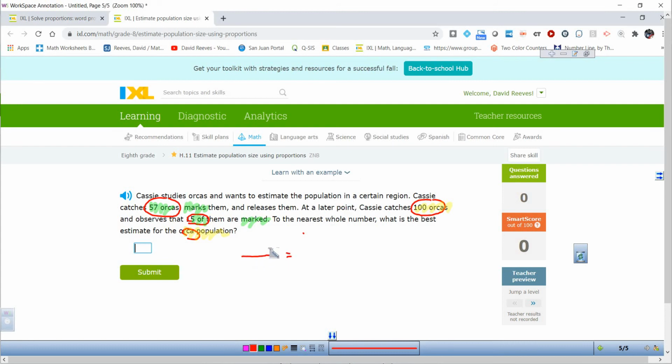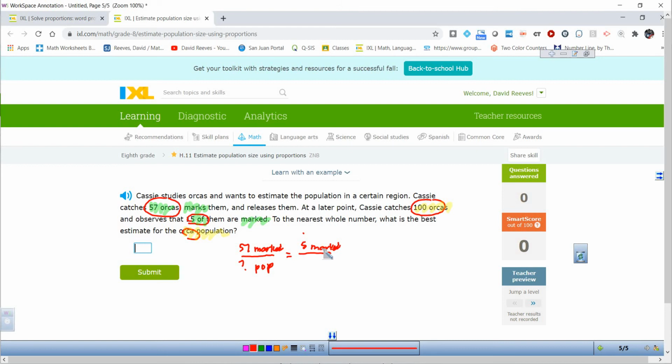Okay, so let's say we have 57 that are marked. So we have 57 marked. How many did she actually catch that were marked? She had 5 that were marked. Now, out of that 57 that are marked, the population is unknown, right?